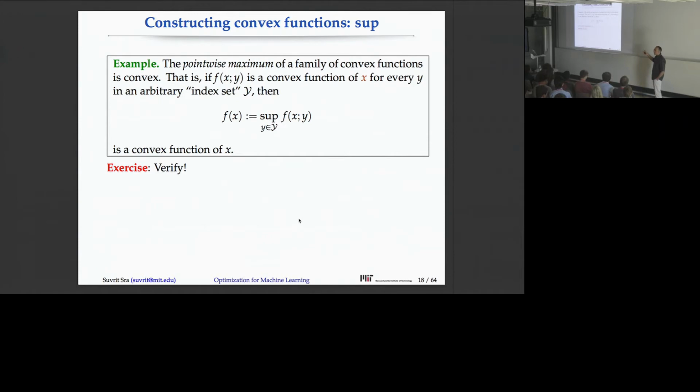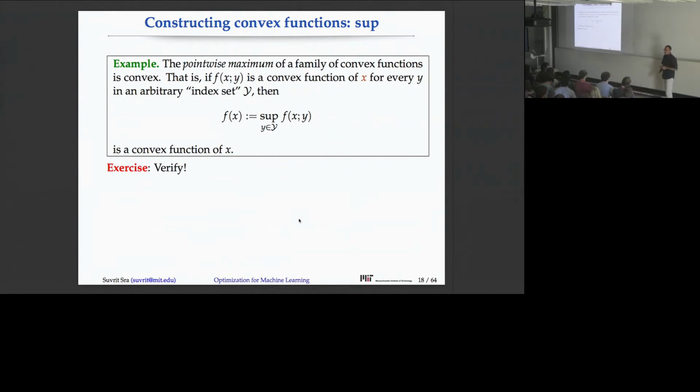If for any arbitrary choice of y, f(x, y) is convex, then you pick the largest such f out of all possible f(x, y). That is a convex function. You can do a proof by picture. I, unfortunately, maybe in contradiction to many people, am not such a big fan of proof by pictures.